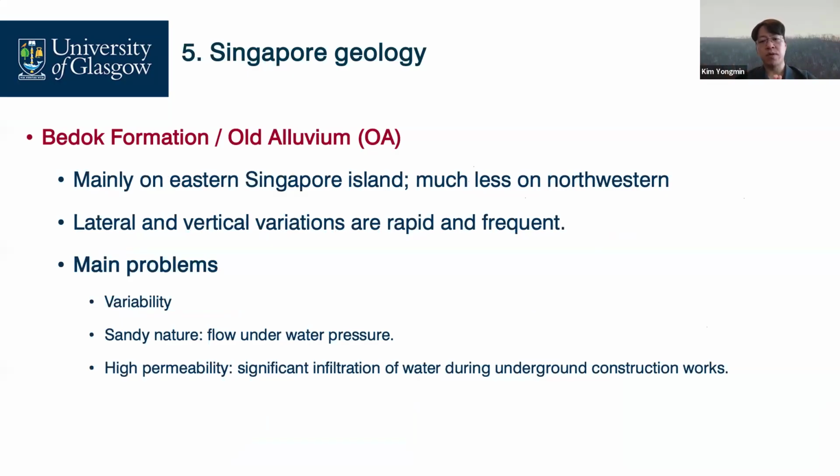This Old Alluvium underlies eastern Singapore, and the lateral and vertical variations are rapid and frequent, as expected. So the variability, sandy material, and high permeability are the main problems.